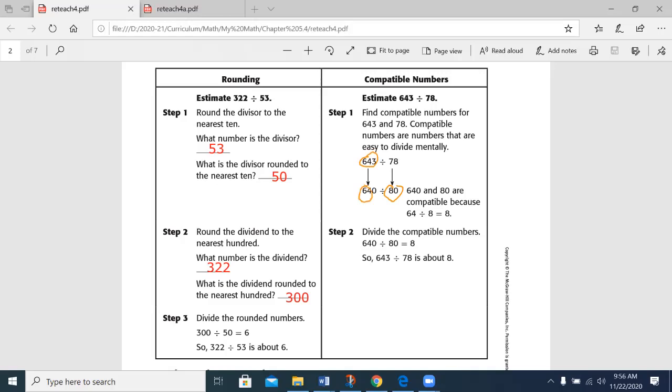And I need a number that's going to be divisible easily by 8. And it just so happens that 8 times 8 is 64. So I can go with this, and we make it 640. If this had been 663, I'd either have to go 640 or 720. You want something that's easily divided. So looking at these first digits here is very important.